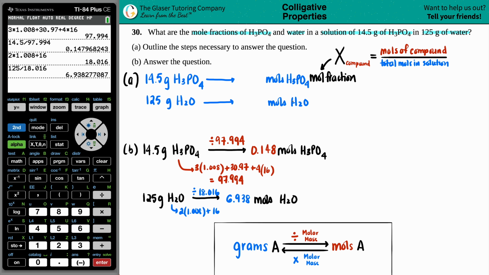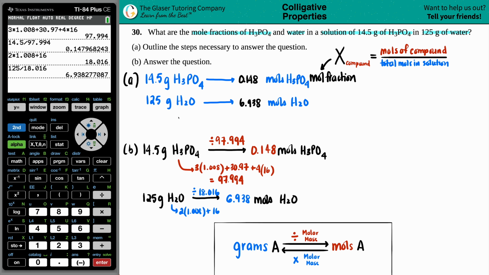Okay. So now we found out that we have 0.148 moles of H3PO4 and 6.938 moles of H2O. And those were the only things that were in this solution, right? They said that we had a total solution of just the H3PO4 and the water.